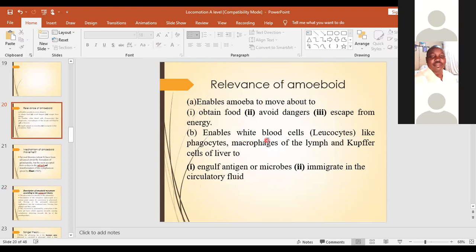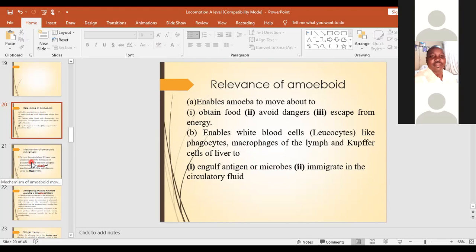So those are the main relevance of amoeboid movement. For amoeba, it can move to obtain food, to avoid dangers and escape from certain enemies. While for white blood cells, like the phagocytes, the macrophages, the lymphocytes, and the Kupffer cells, they use amoeboid movement to engulf the microbes and also to migrate from the circulatory fluids. Migration means moving out of those circulatory fluids, and then they enter the cells and penetrate the tissues that they eventually infect.